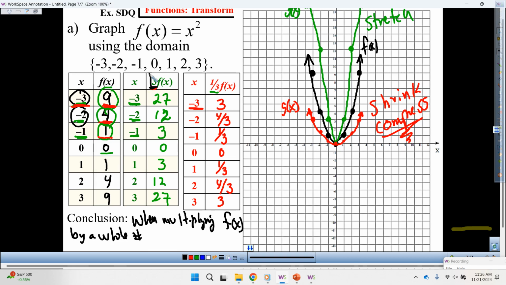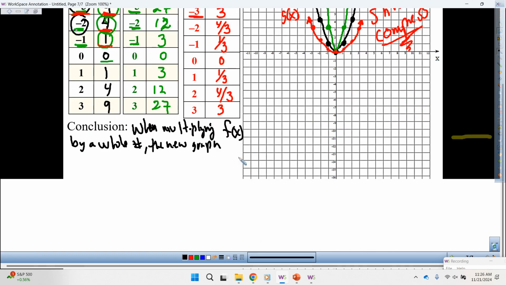Does everybody see that? 3 is a whole number. The new graph blank. The new graph what? Mario. Stretches. That is correct. And, this is a semicolon then.